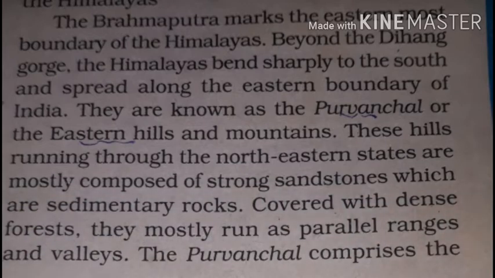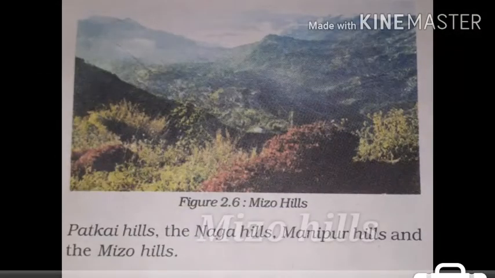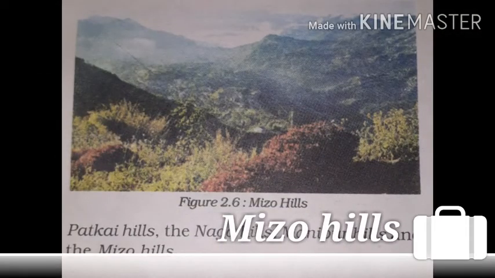The Purvanchal comprise the Patkai Hills, the Naga Hills, and Manipur Hills, and the last is the Mizo Hills. These are the important hills in the Purvanchal.